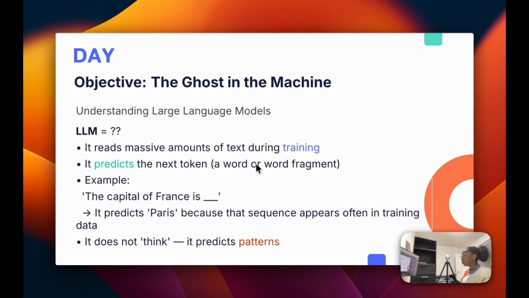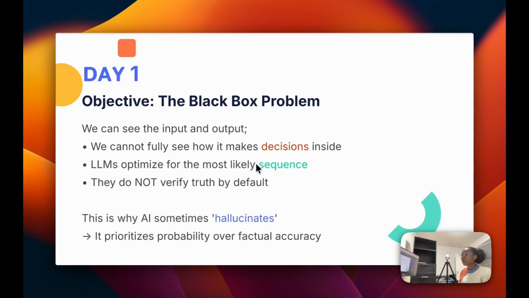A perfect example is, let's say you start to type "the capital of France is." It's able to say that it's Paris, not because it is programmed specifically to say that Paris is the capital of France. No, it's just because that pattern has occurred a lot in the amount of data that it has. That's just it.